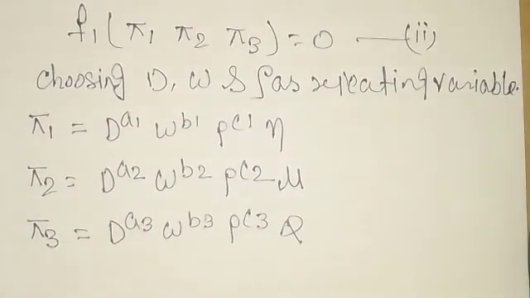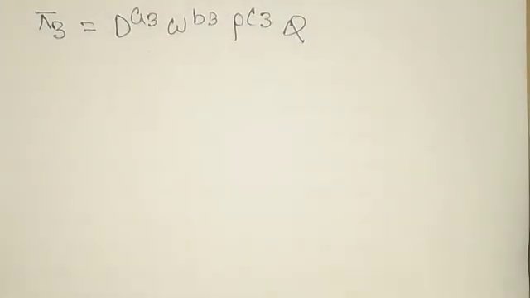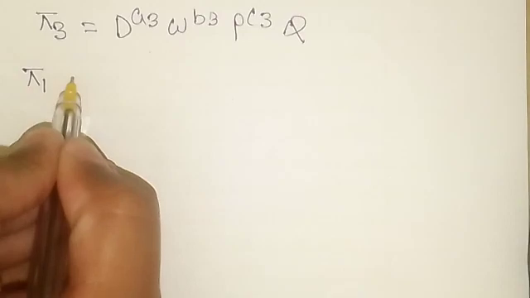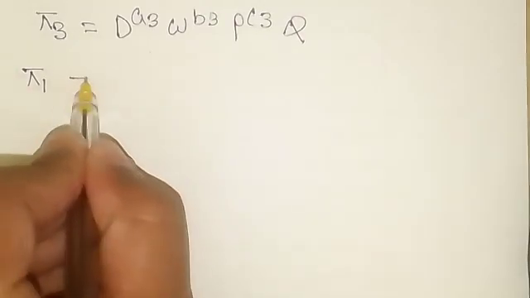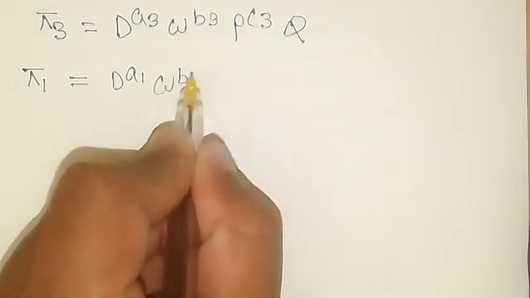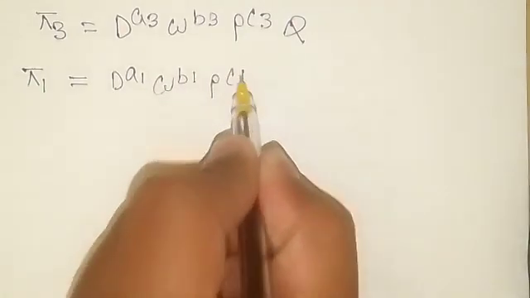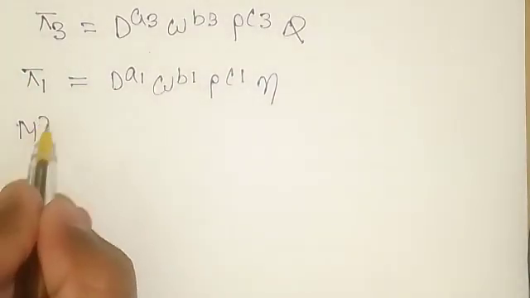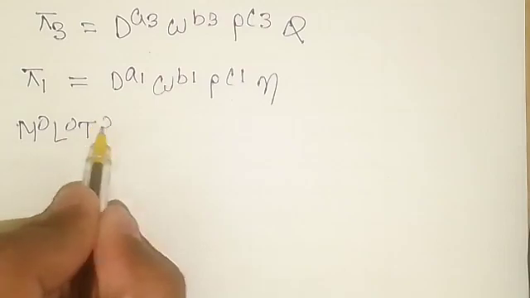So now here I am going for the first pi 1 term. Pi 1 is equal to d to the power of a1, omega to the power b1, and rho to the power of c1, and eta. We will write down the dimensions. Pi is a constant, so its dimension is M power 0, L power 0, and T power 0.